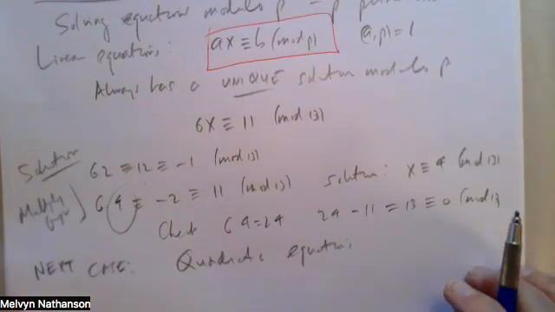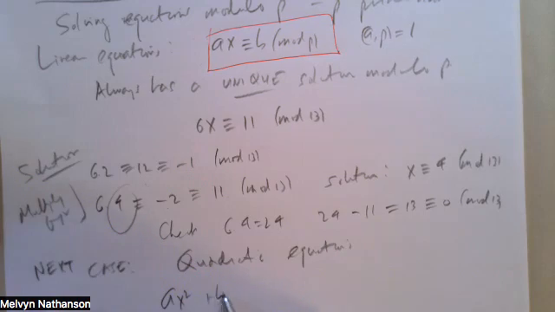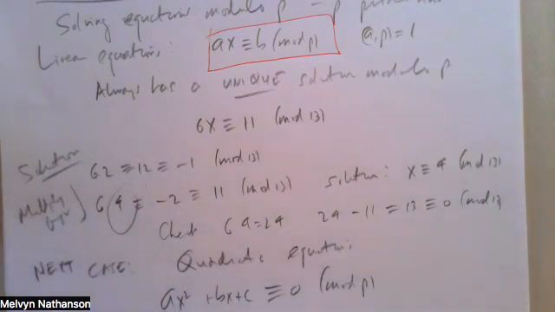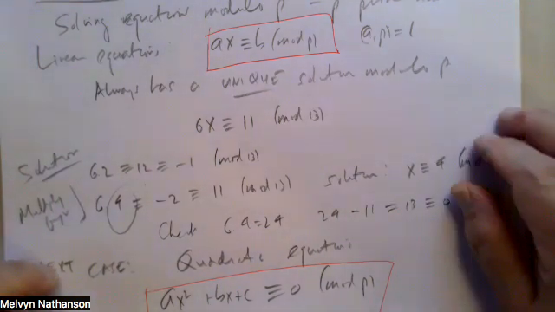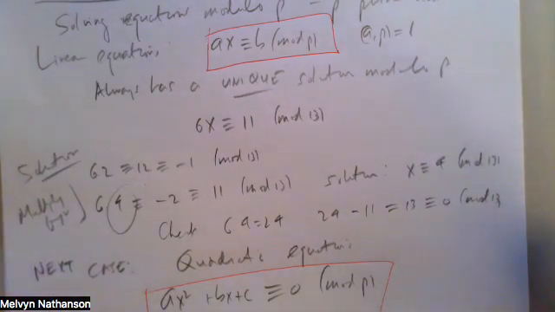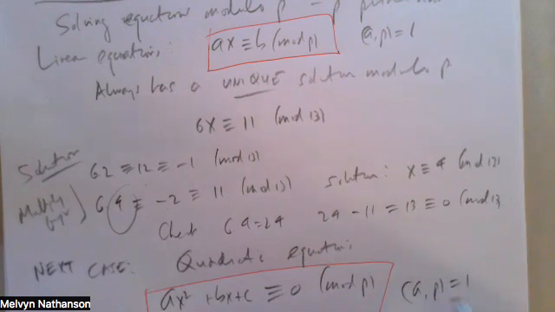So you might want to solve an equation ax squared plus bx plus c congruent to 0 mod p. That's a quadratic equation. And quadratic means that the leading coefficient a and p are relatively prime.